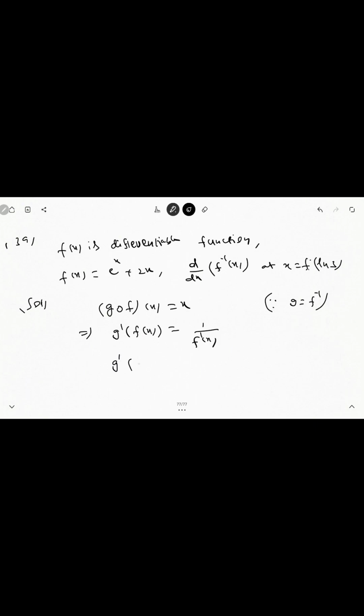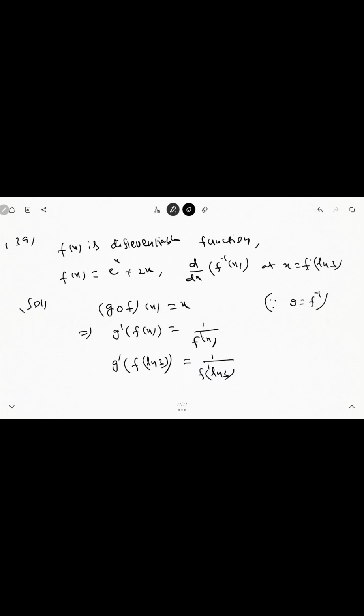So g dash of x means, look at this, f ln 3, because f inverse x. x is ln 3. g is the inverse, that is f inverse. Derivative of the function f inverse at f ln 3 means x is equal to ln 3. So 1 by f dash ln 3.